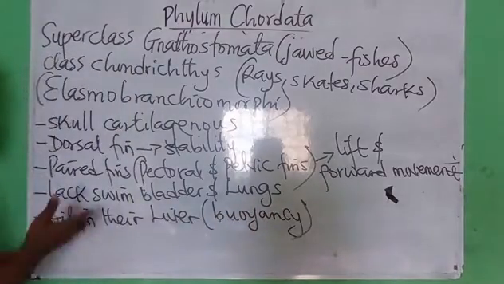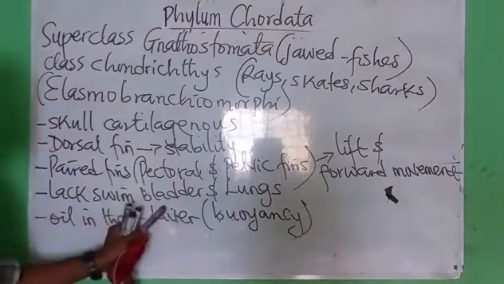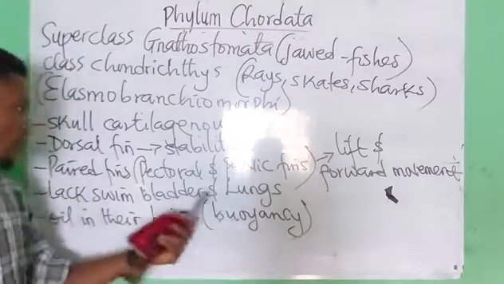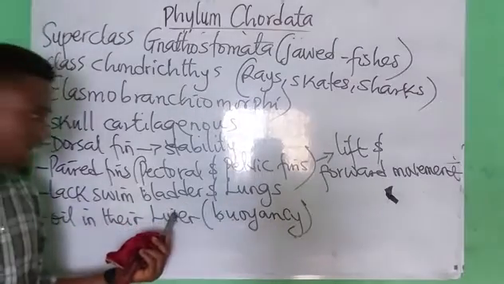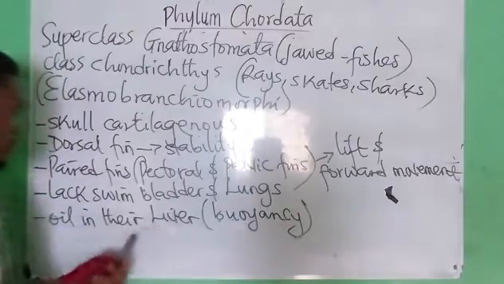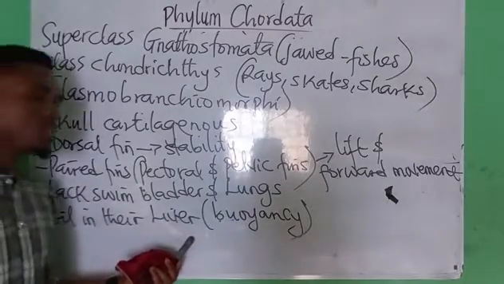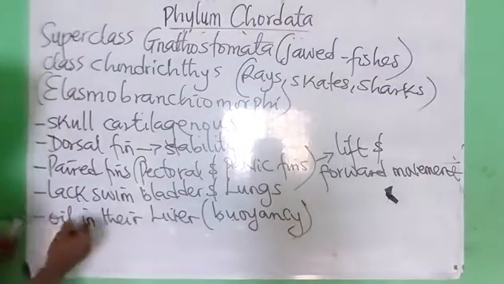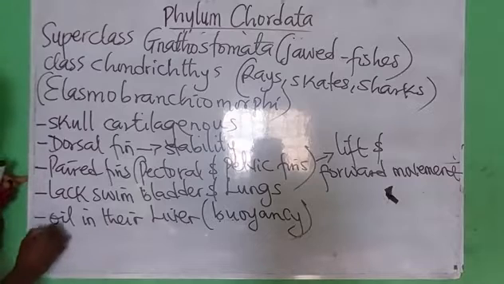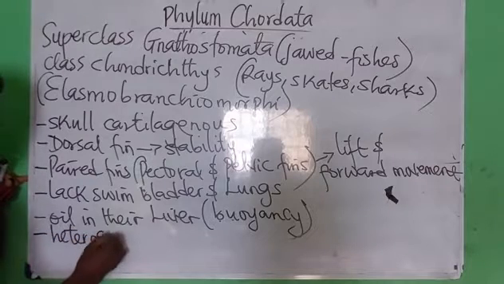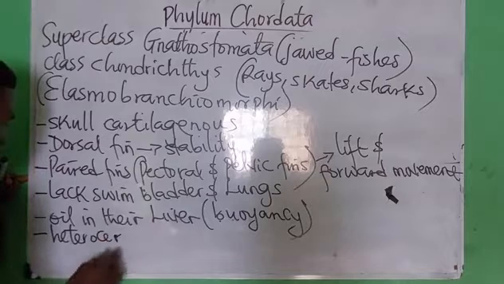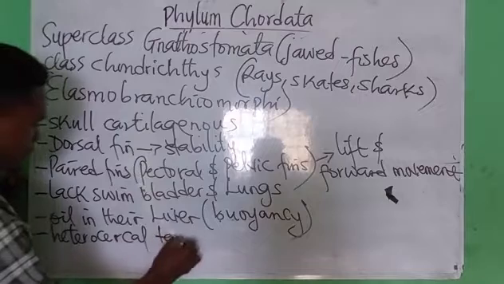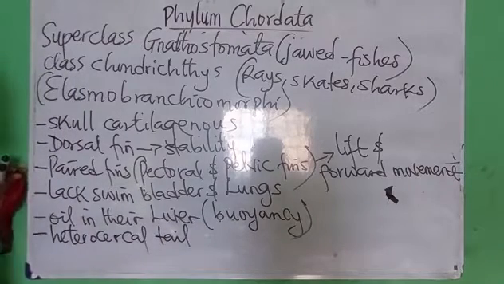Normally, in other fishes, they possess swim bladder, which increases the efficiency of what? Buoyancy. But these guys, they lack swim bladder. It therefore means that the oil present in their liver plays the role of swim bladder. Hope is clear enough. Apart from that, they also have what is called heterocercal tail.